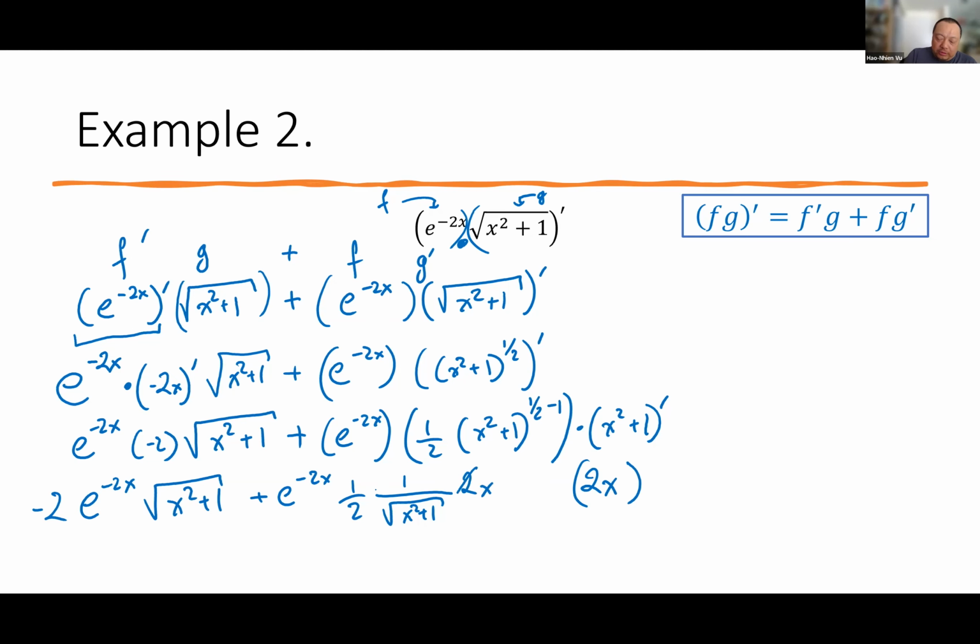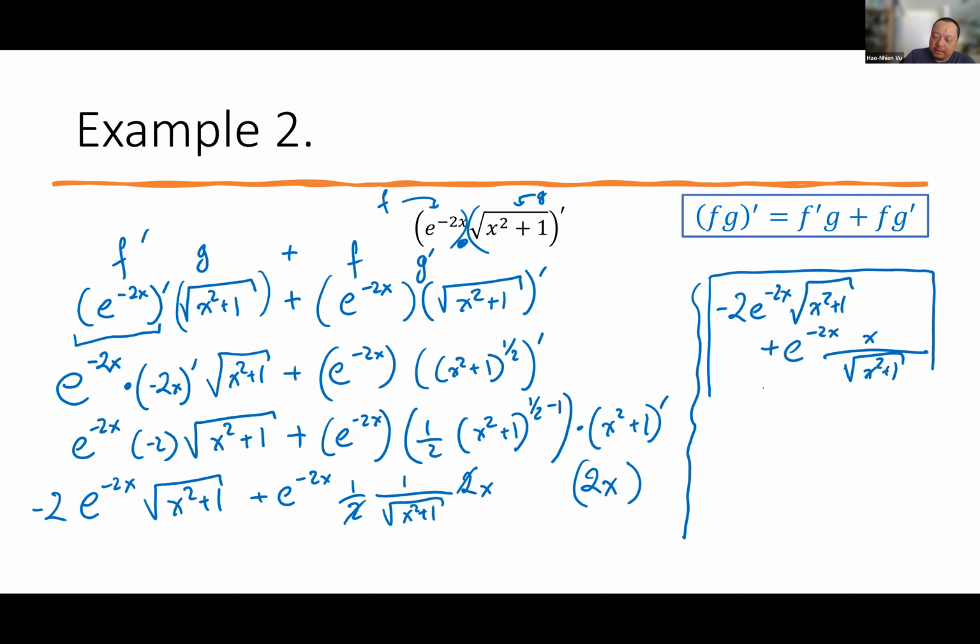And then these cancel. So let me write my final answer over here. Minus 2e to negative 2x square root of x squared plus 1 plus e to negative 2x times x over square root of x squared plus 1. I can box it up like this.